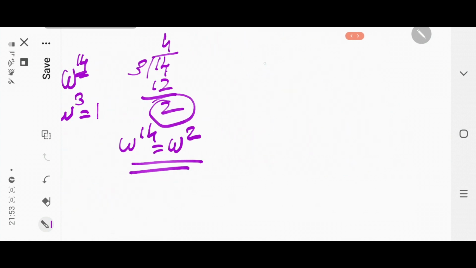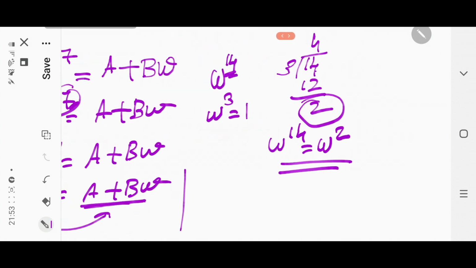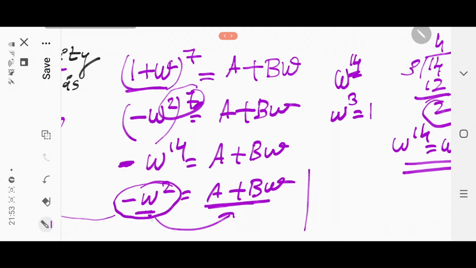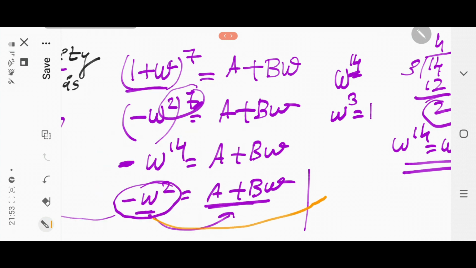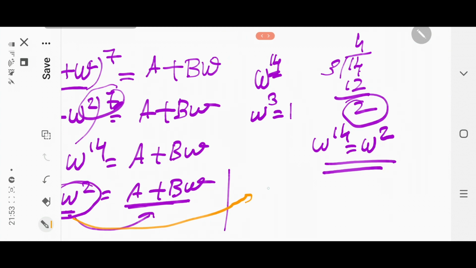Therefore, it changes to 1 plus omega is equal to A plus B omega. See, both the LHS and RHS are now of the same type.